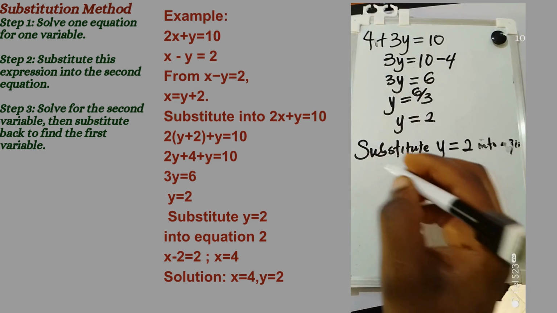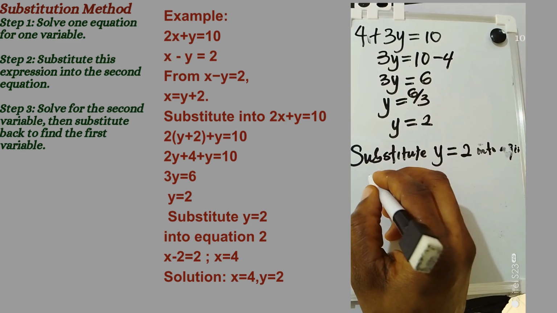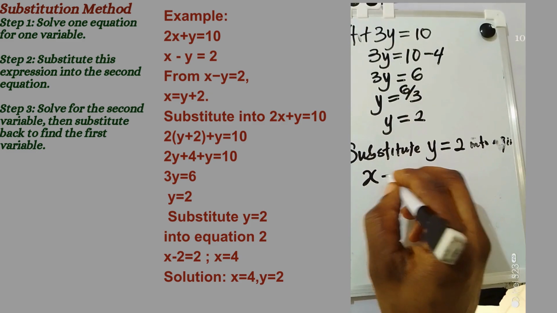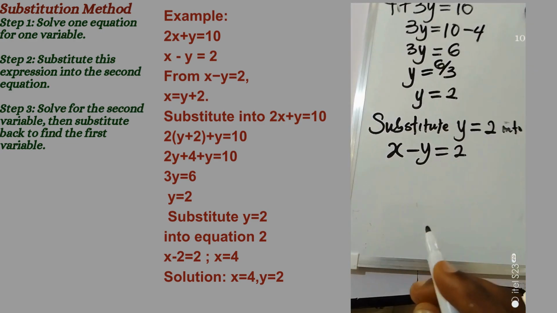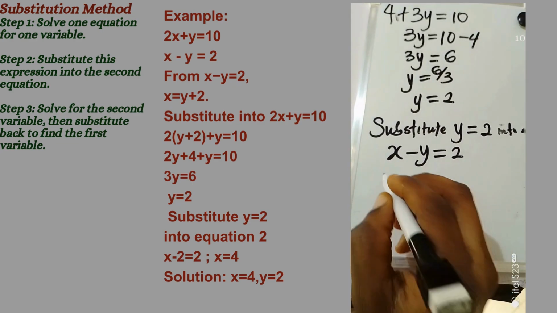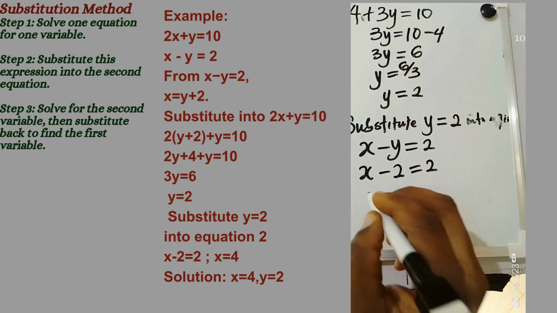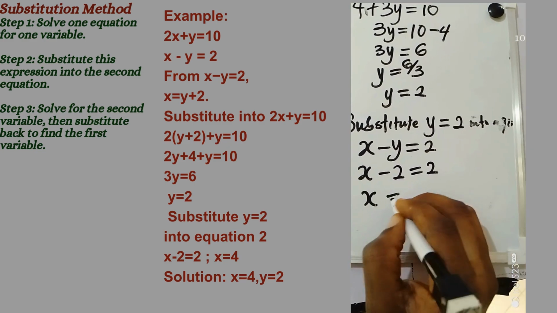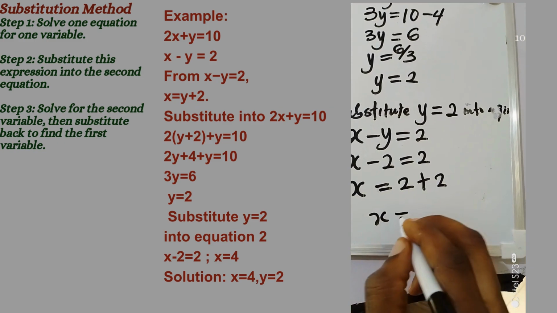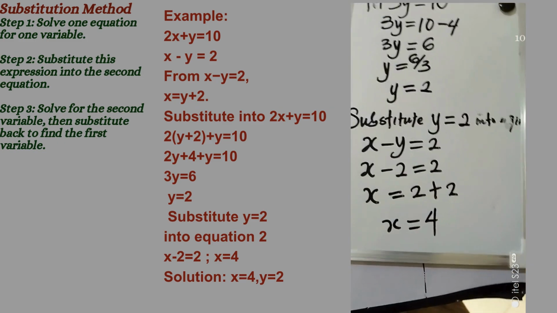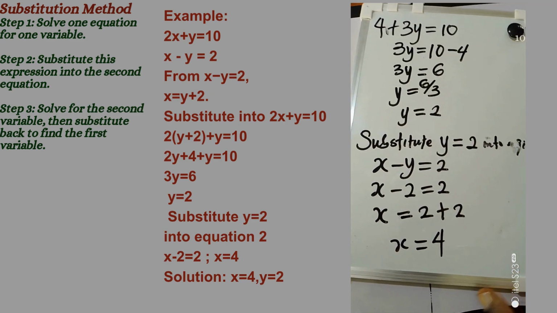So by doing that, equation 2 says x minus y equals to 2. So if I substitute 2 for y, I'm going to have x minus 2 equals to 2. So x now equals to 2 plus 2. So x equals to 4. So you can see this. This is what we call substitution method.